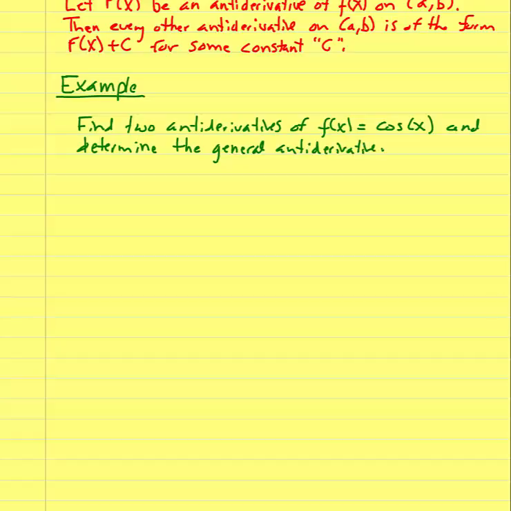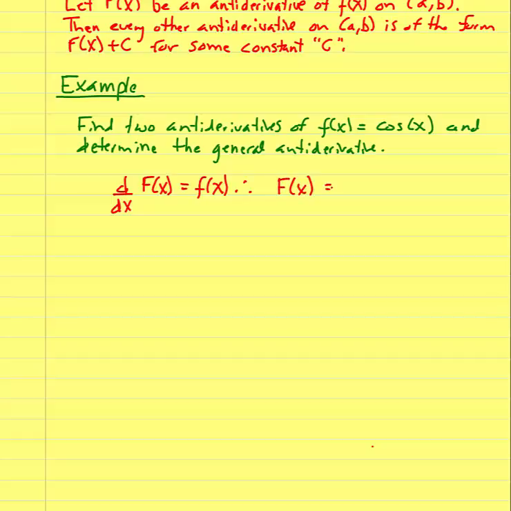Okay, so we want to write this out in formal notation. Remember, the derivative with respect to x of the antiderivative is equal to the derivative. The antiderivative is my capital F of x, and my lowercase f of x is my derivative. Therefore, we want to find some of these F of x's.